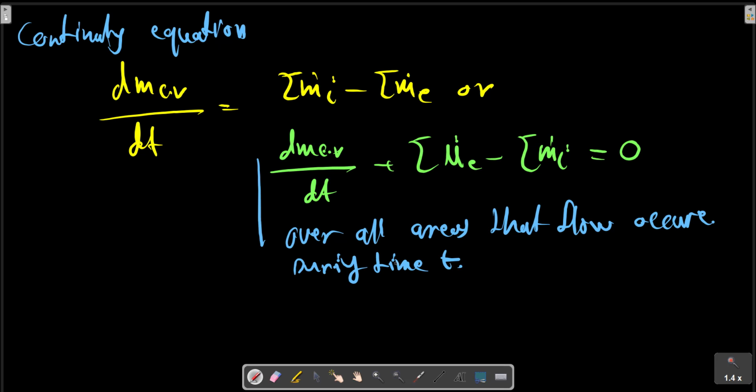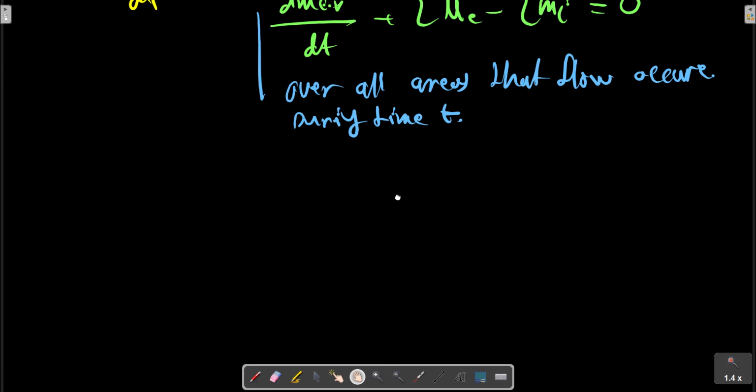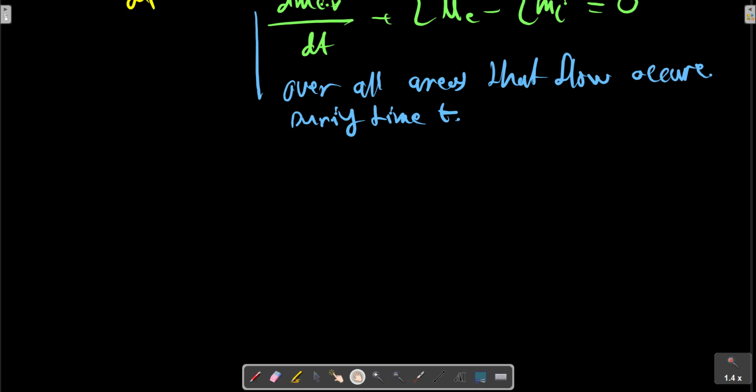At any instant of time during the process, we write the continuity equation as this relation, where the summation is over the areas through which flow occurs.